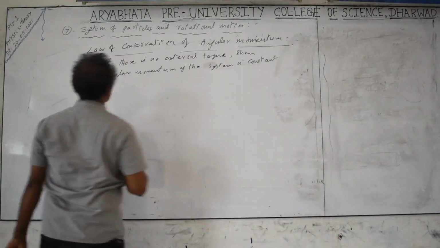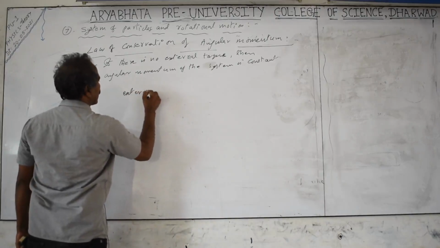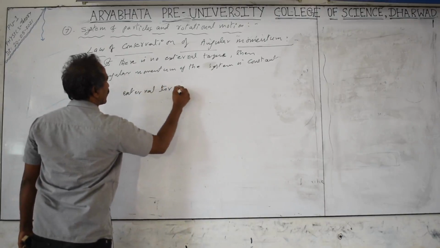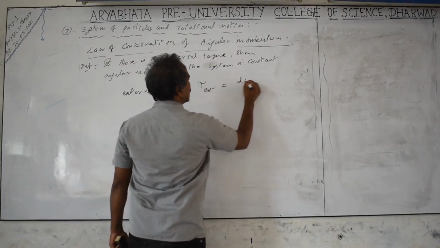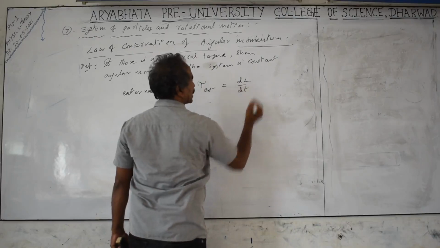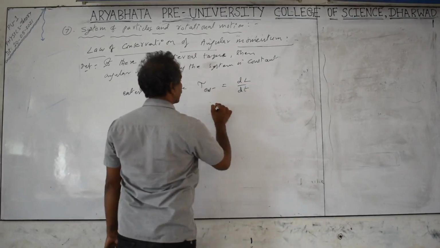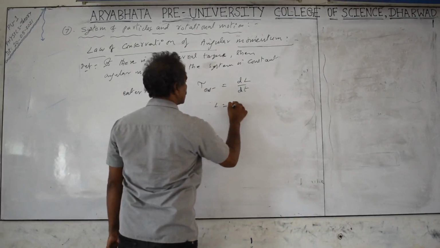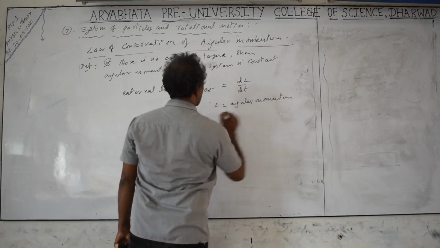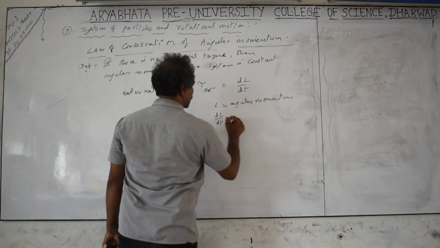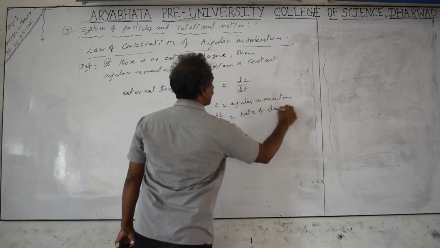What is the formula for the relationship between external torque and angular momentum? External torque tau ext equal to dL by dt or delta L by delta t. dL by dt is called the rate of change of angular momentum, where L is angular momentum.